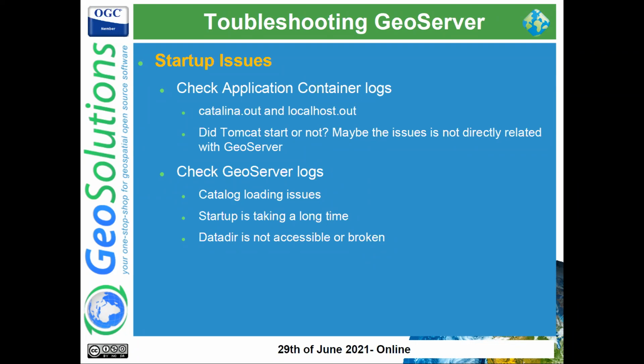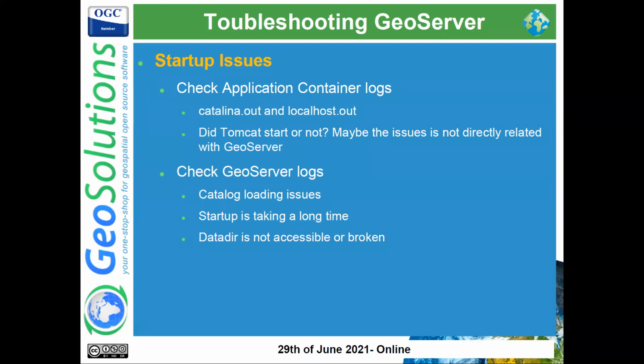Then you want to check the GeoServer logs. That can be helpful for debugging catalog loading issues, for instance. If the configuration was broken or there were some troubles with layer configurations, style configurations, and so on, you will find that information in the GeoServer logs.